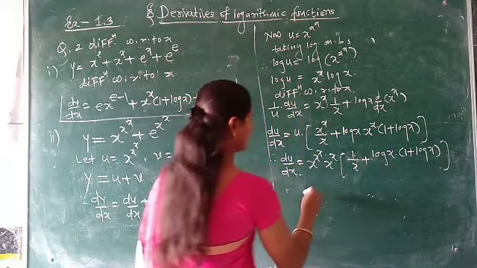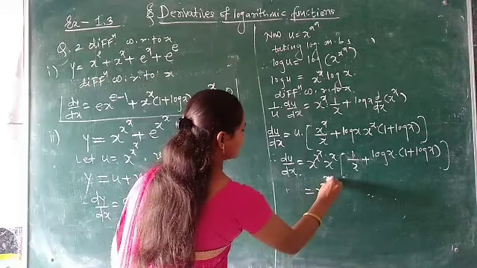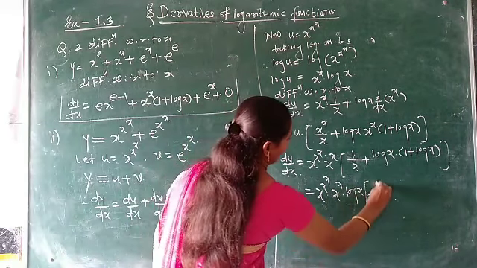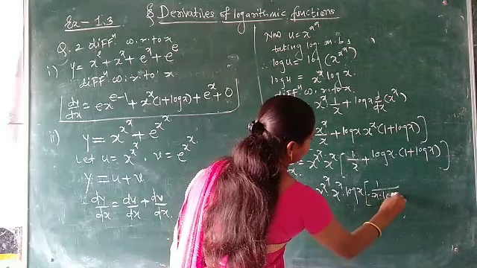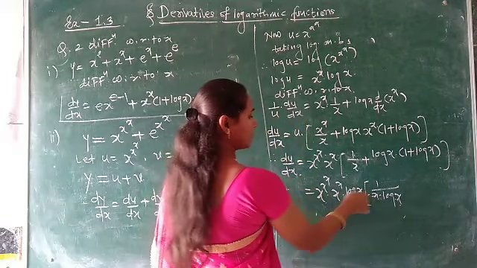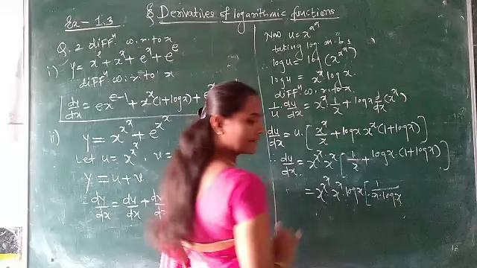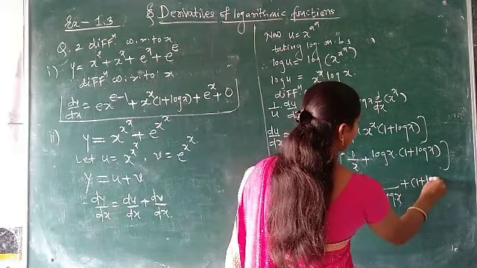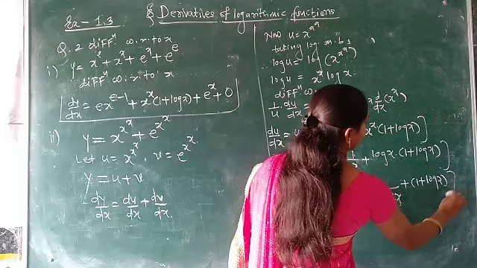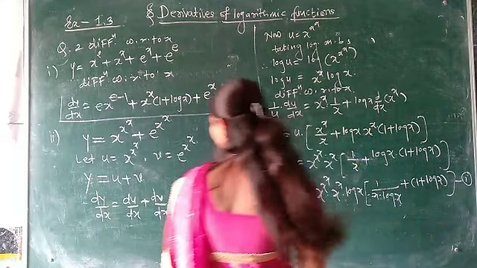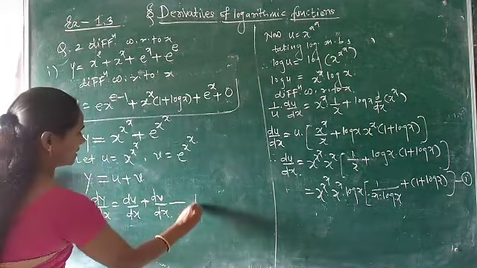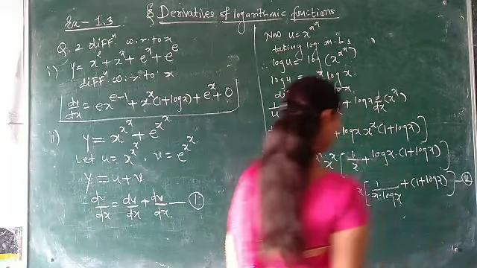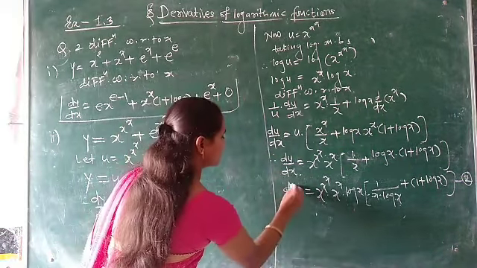Also we take log x common. Then this turns into 1 upon (x into log x), because if we multiply again by log x, then log x will cancel and there is only 1 upon x, plus 1 plus log x. Say this is equation 1, this is equation 2. Now here we get du upon dx.